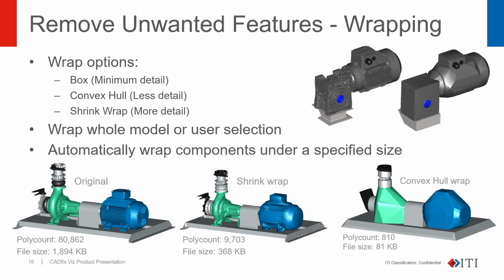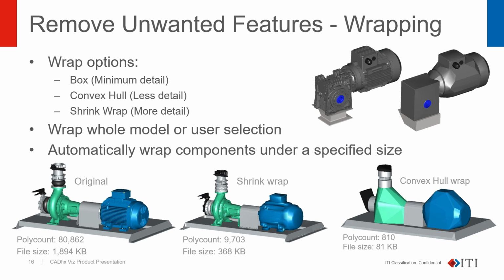The wrapping that I was talking about, the wrap options span from a shrink wrap, which has the most detail. Basically, just what it says, kind of a saran wrap, shrink wrap of the model, and then the mesh of that. A convex hull, which takes some geometric liberties and reduces the shape.